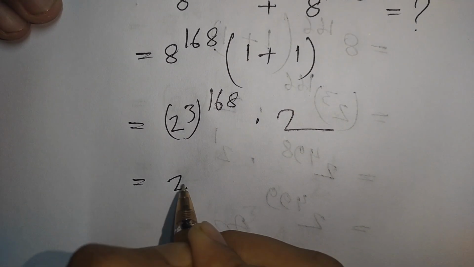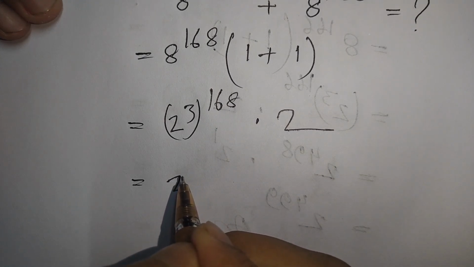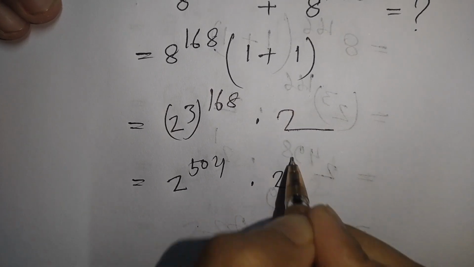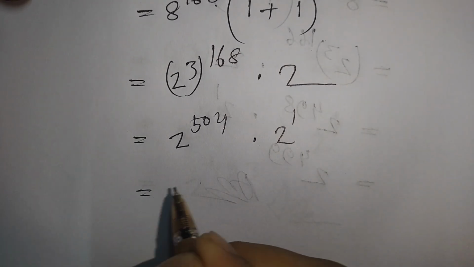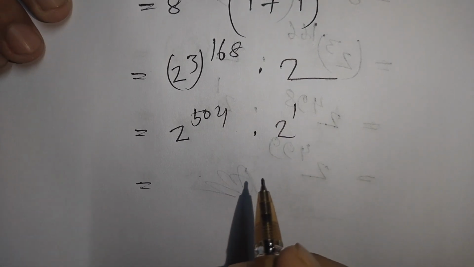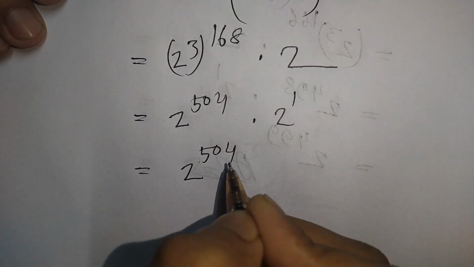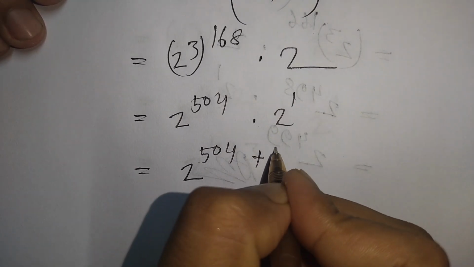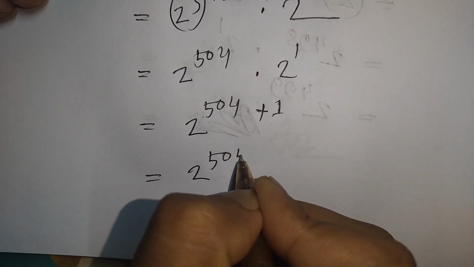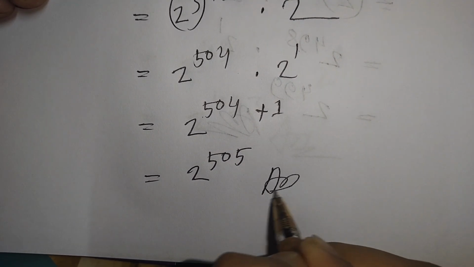Then 2 to the power 168 times 2 is same as 2 to the power 1. Now we see 2, same base but different power. So we can write here 2 to the power 168 plus 1. That means 2 to the power 169. So 2 to the power 169 is the correct answer.